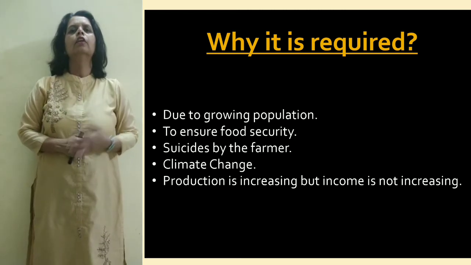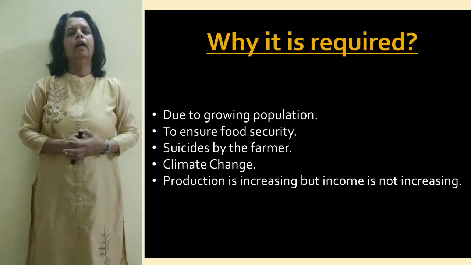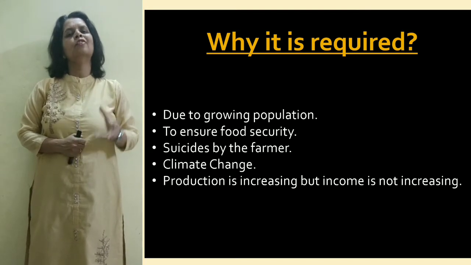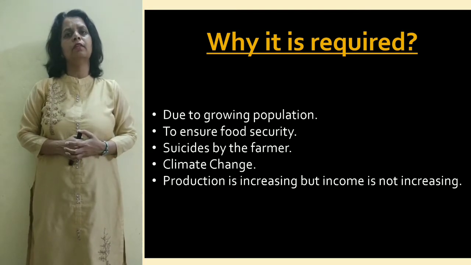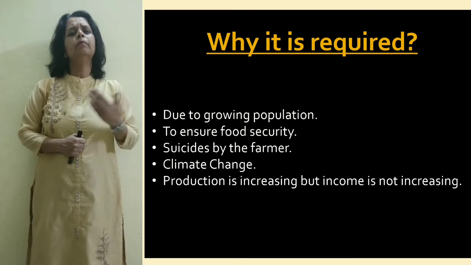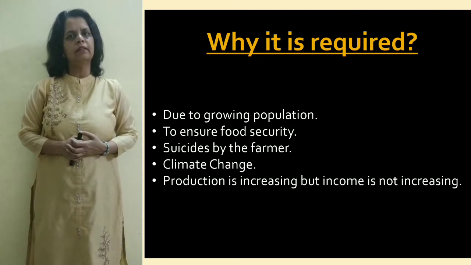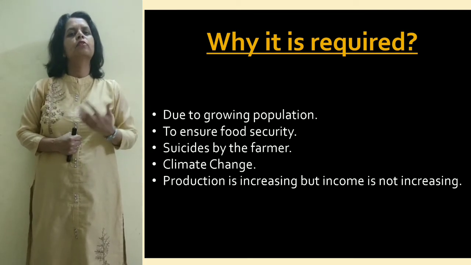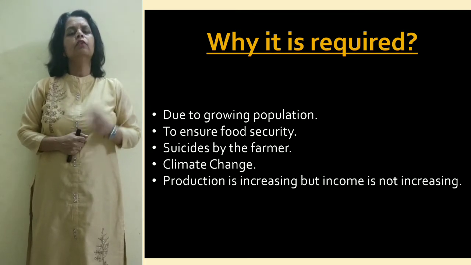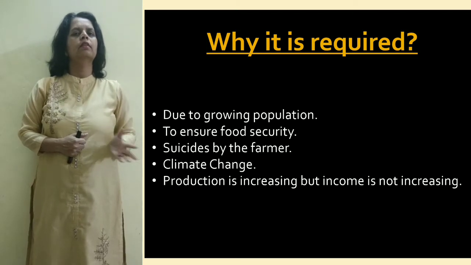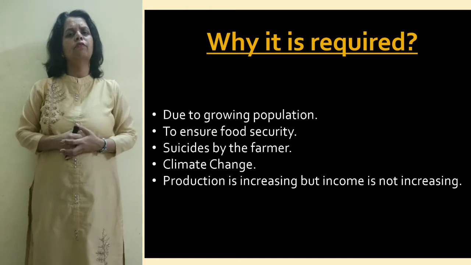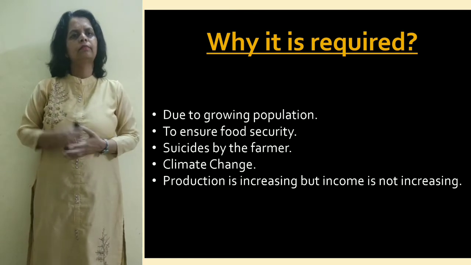Day by day, as I told you, this is a growing population, and this growing population has to be ensured food security. Thus a number of reforms are required. You must also have heard about farmers committing suicides, so to reduce this agricultural stress, technological and institutional reforms should be undertaken.